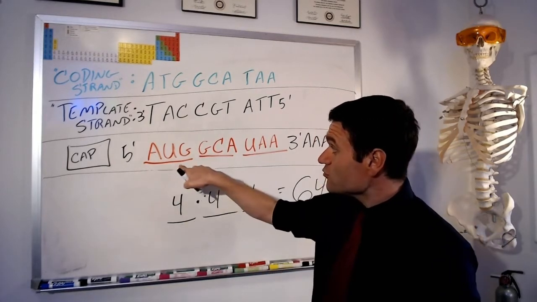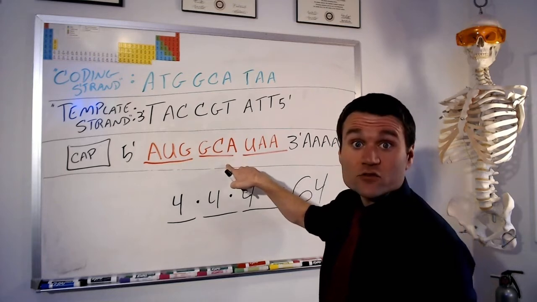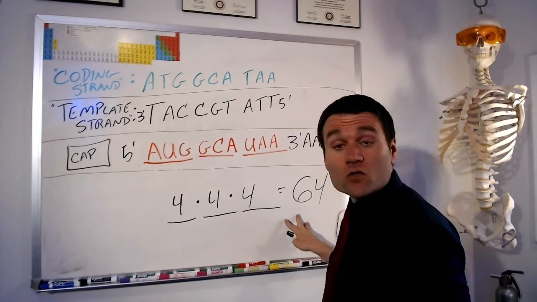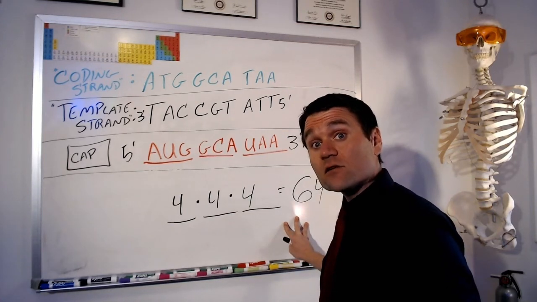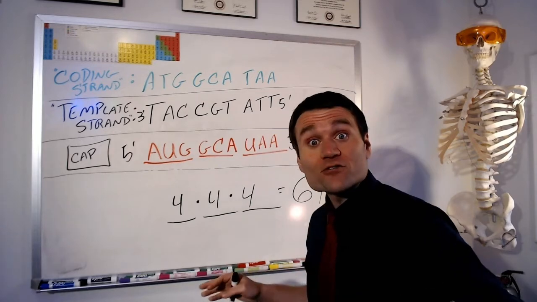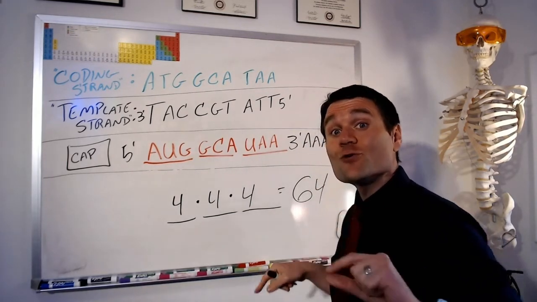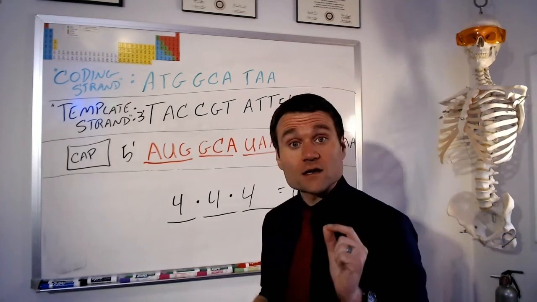So AUG tells you a specific amino acid. GCA tells you a specific amino acid. So we're translating from a language that only has 64 words in it. Hey, this is going to get a little bit easier than maybe we thought at the beginning. But there's good news. We're translating from a language with 64 words in it to a language with only 20 words in it, because there's only 20 amino acids.